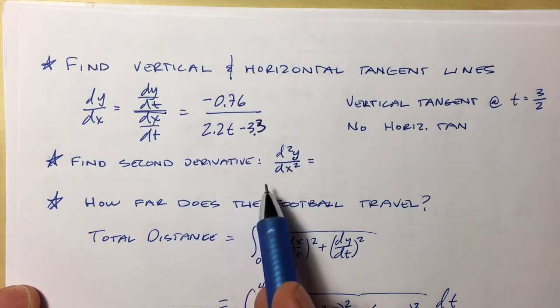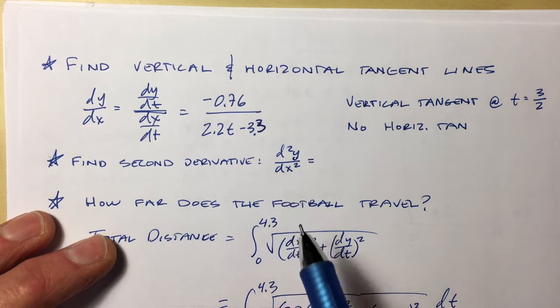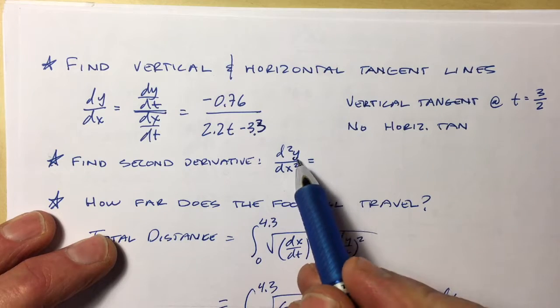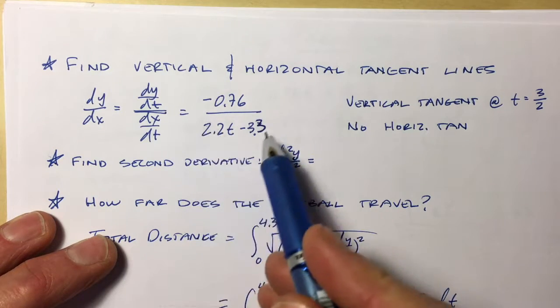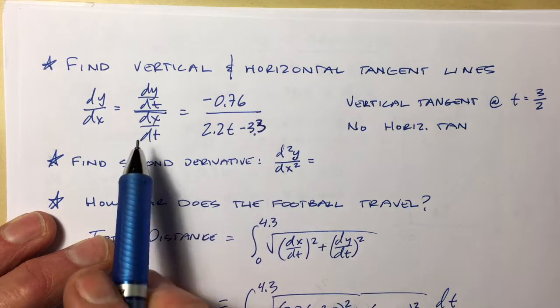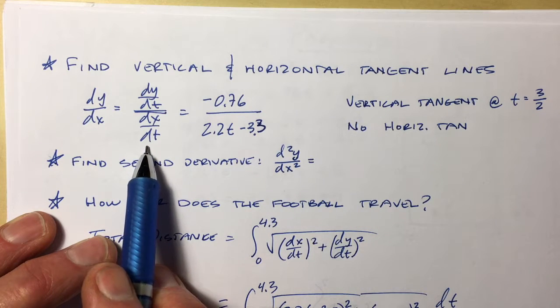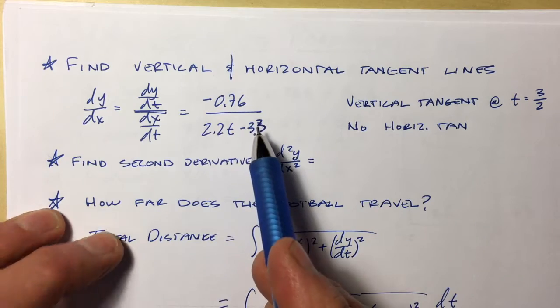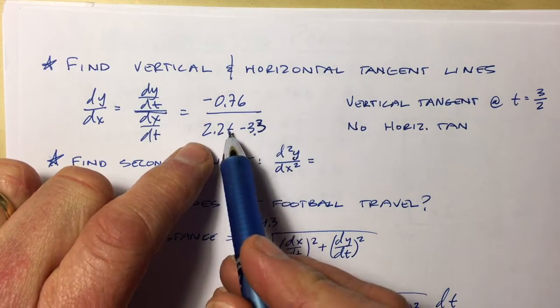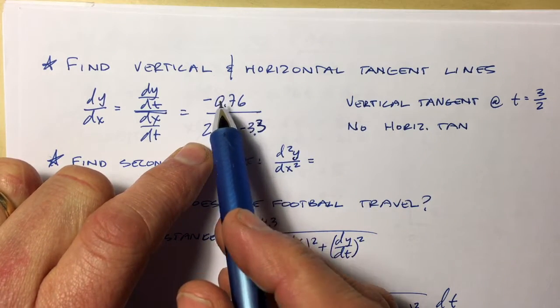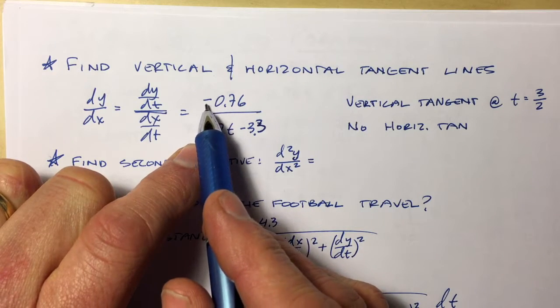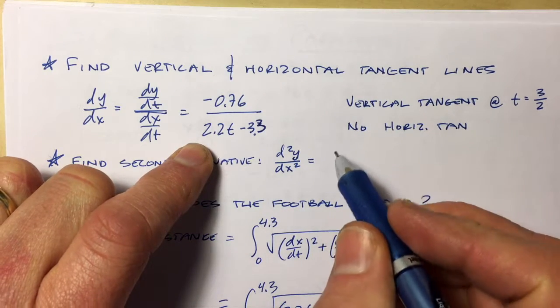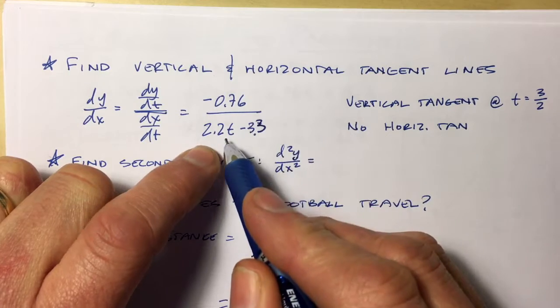Finding the second derivative, again, this is just a formula you should know. You're taking the derivative of this with respect to t and then dividing it again by dx/dt. So very carefully, what is the derivative of the top with respect to t? Well, it's going to be the bottom times the derivative of the top, which is 0, minus the top, which is negative. So it's going to be a positive top times the derivative of the bottom.